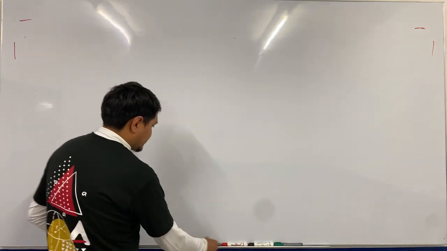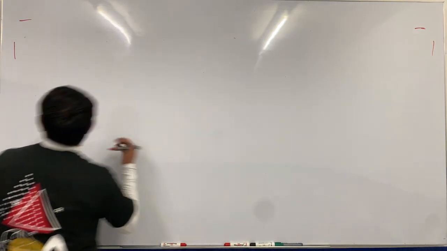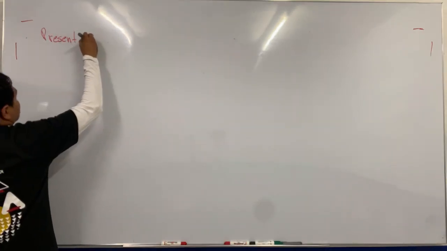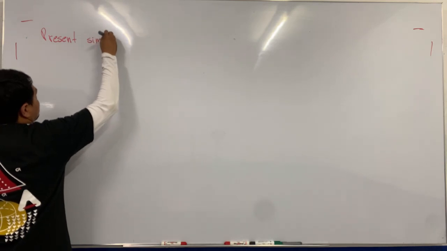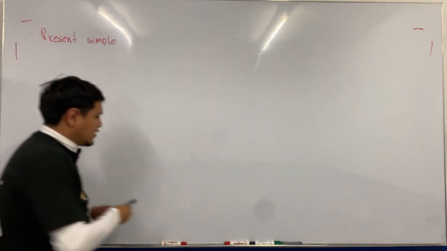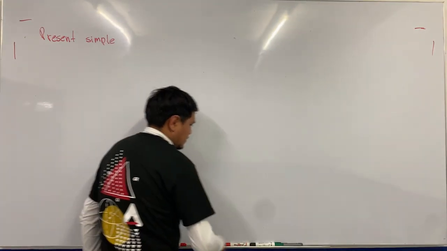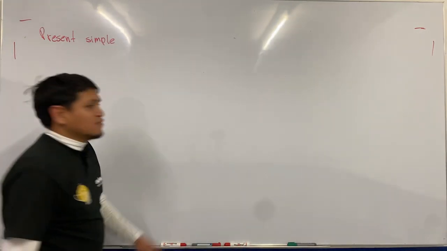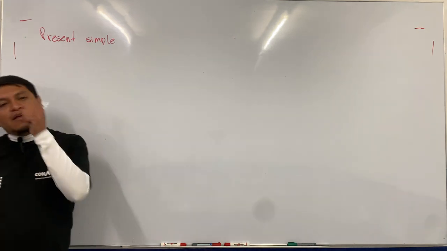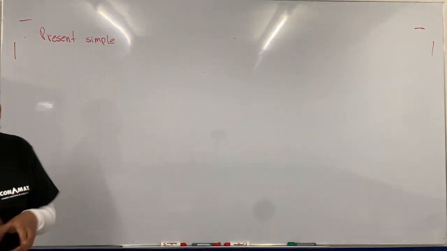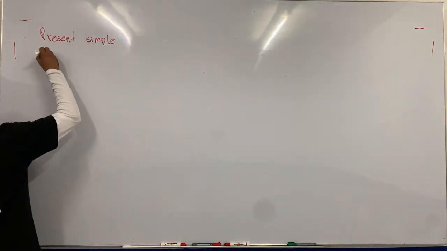Now, the present simple. Right? In that case, check this. For the present simple, the forms are affirmative, negative, and interrogative.